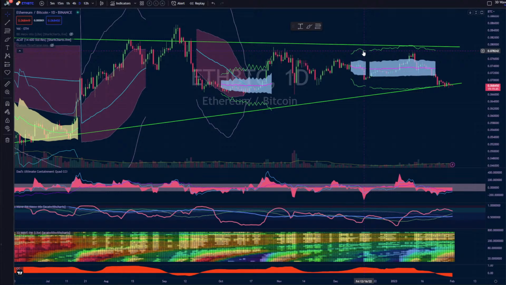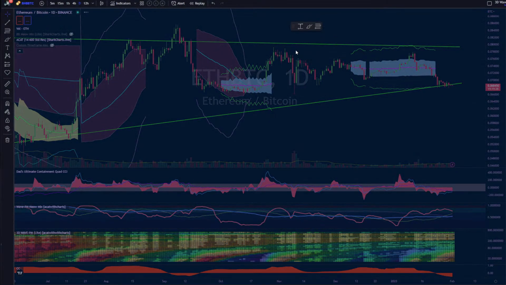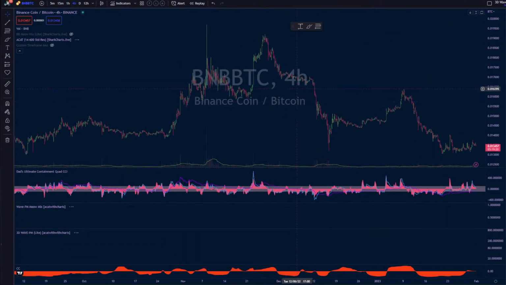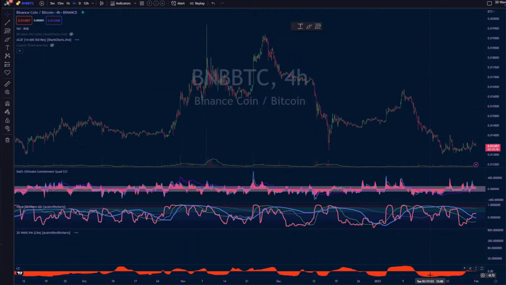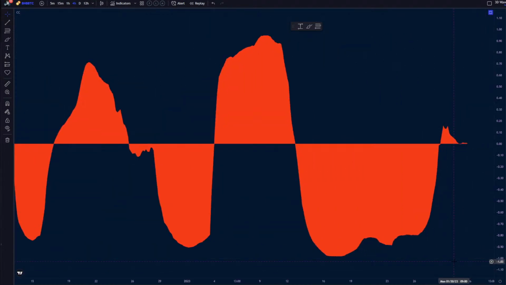Commander Stream, could you expound on this point? BNB USDT on 4-hour has been uptrending sideways. BNB Bitcoin has a downtrend sideways. How does one play this? Okay. 4-hour chart. Okay, negative correlation with Bitcoin.